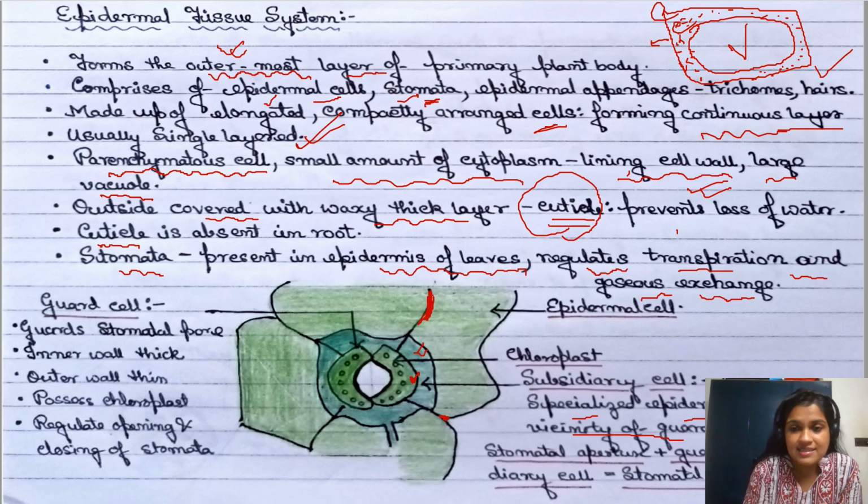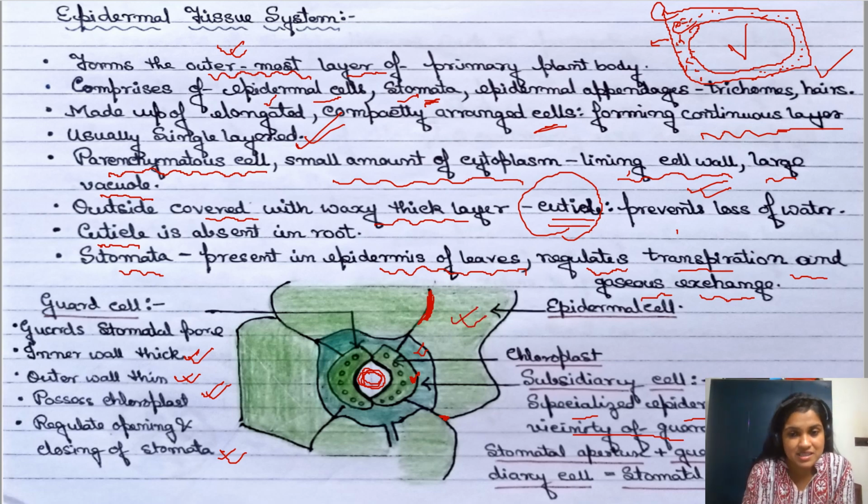These guard cells guard this stomatal pore. The characteristics of guard cells are that the inner wall is thick, the outer wall is thin, they possess chloroplast, and they regulate opening and closing of the stomata. The turgidity of the guard cell is responsible for opening and closing of the stomata.